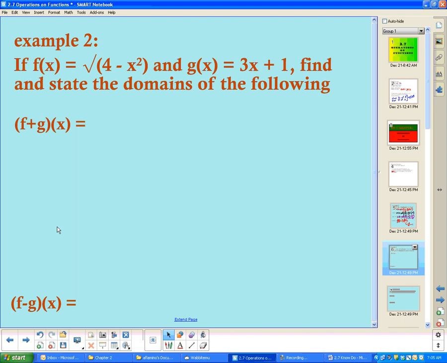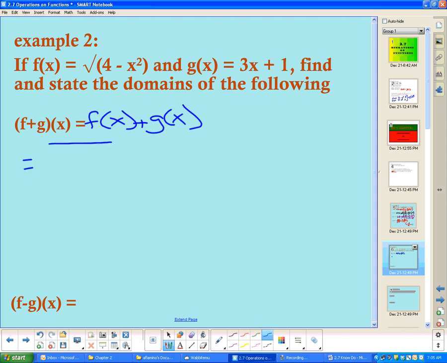I'm going to slide that out of the way, give myself a little more room. So f plus g of x, I don't have a specific input. So all I can do is apply the definition and make it f of x plus g of x, which becomes f of x being the square root of 4 minus x squared plus g of x being 3x plus 1.